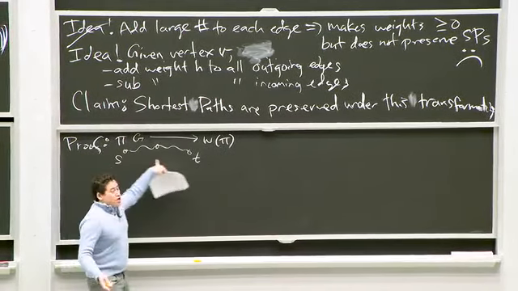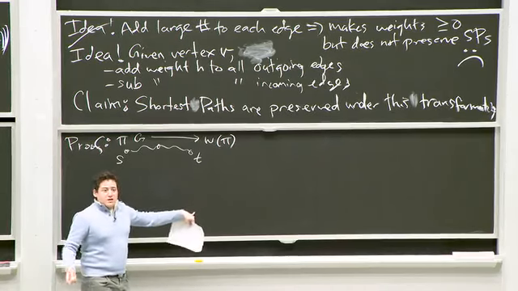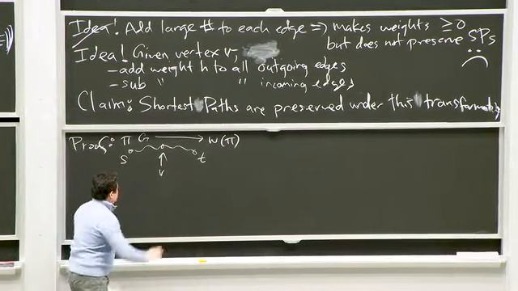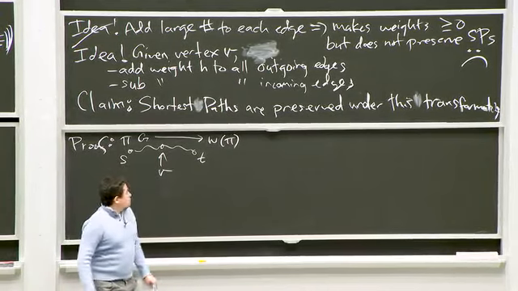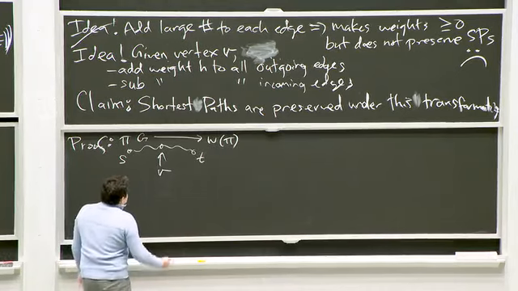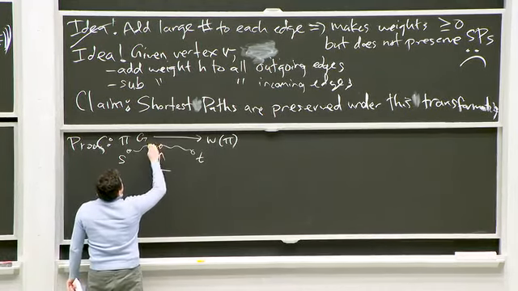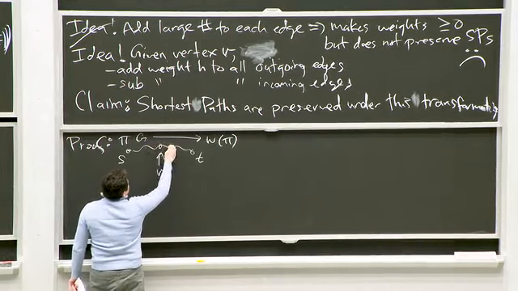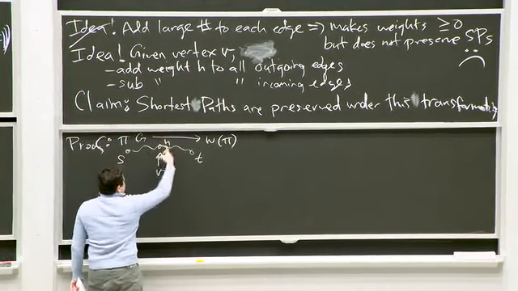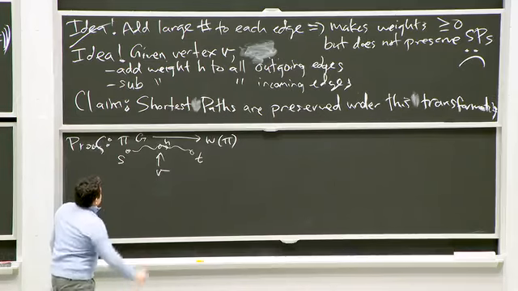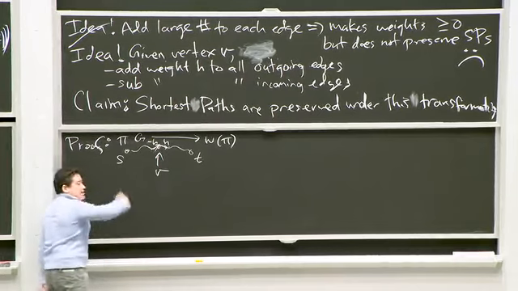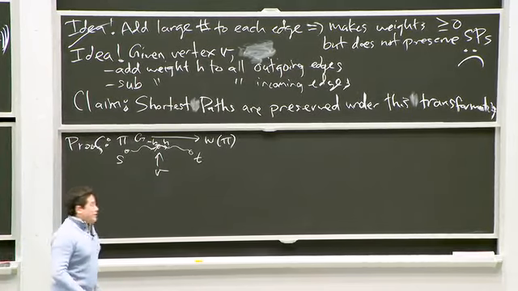Alternatively, this thing goes through V sometimes. If it goes through V in the middle, how has the weight of my path changed? Well, it hasn't, right? Because I added a number to all outgoing edges, so there's an outgoing edge here that I've changed by weight H. And there's an incoming edge here that I've changed by weight negative H. So these cancel out, and you've got 0, right?